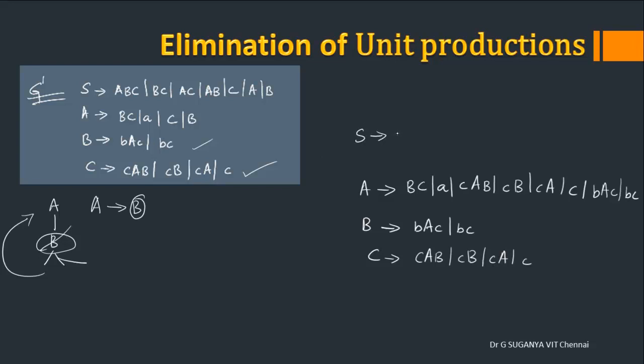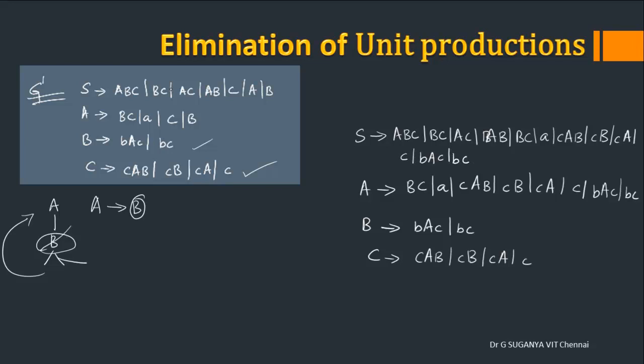Then coming to the S production, S gives ABC or BC or AC or B. So we have three alternates, C, A, B, and all that we need to include. So A will have BC, A, CAB, CB, CA, then small c, then BAC or BC.